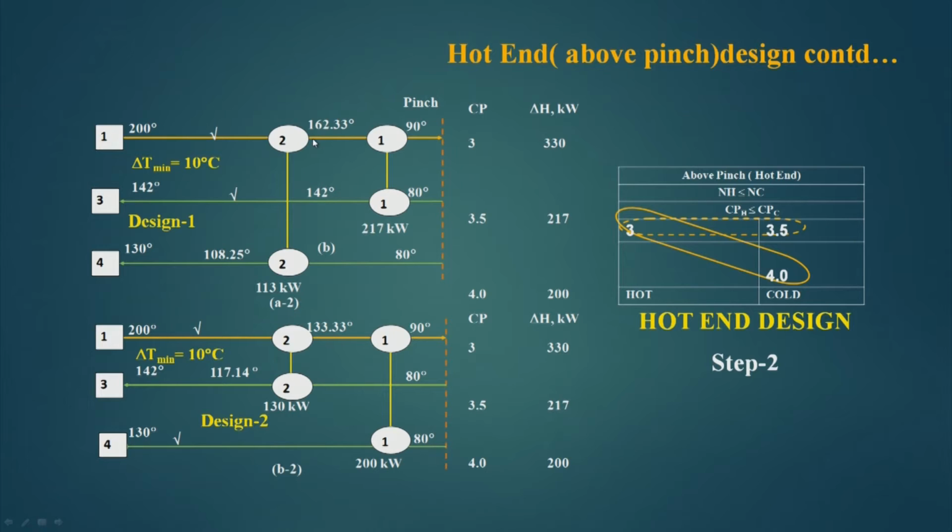The second heat exchanger can be put from hot stream 3 to the 4th cold stream, and also from hot stream 1 to the 3rd cold stream. This is perfectly permissible because CPh should be less than or equal to CPc. So, here I use this connection, that is 3 to 4.0, this pairing, in step 2.